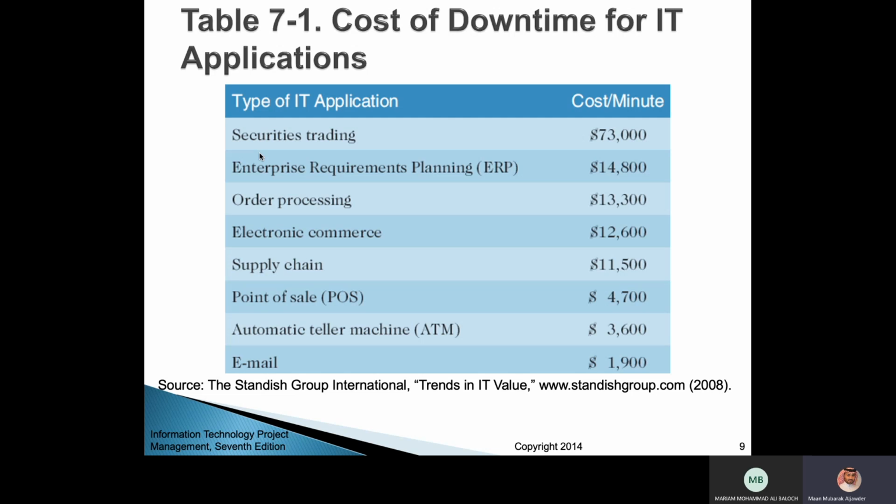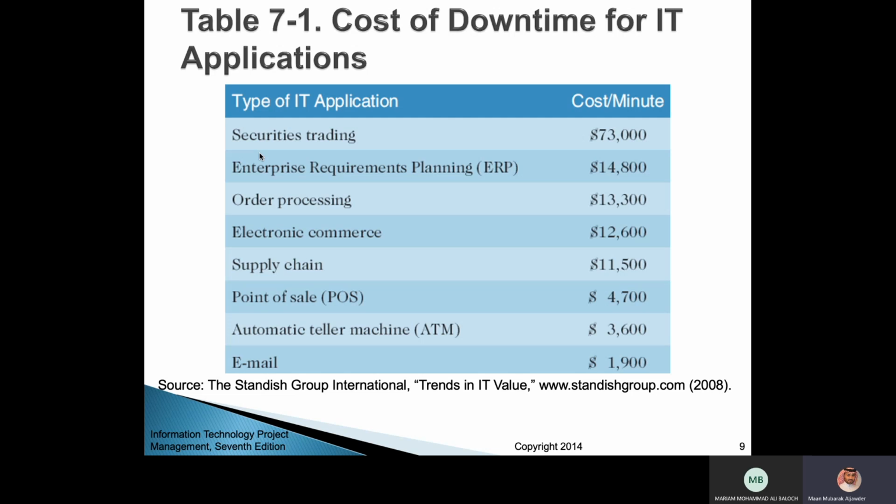If these applications stop running, it will cost $73,000 per minute. Imagine, if this system goes down for only 1 minute, you lose $73,000. ERPs are similar. In 1 minute, if it stops, you lose $14,800. And this is based on the US market.